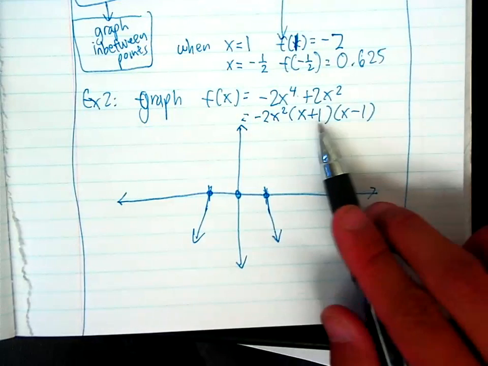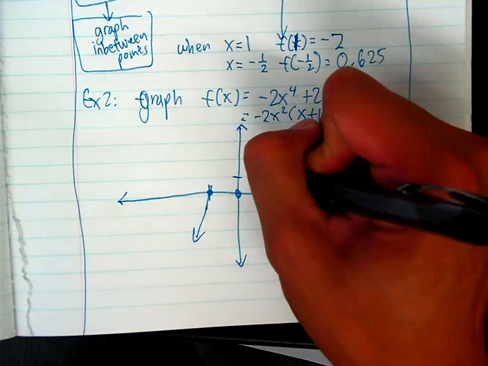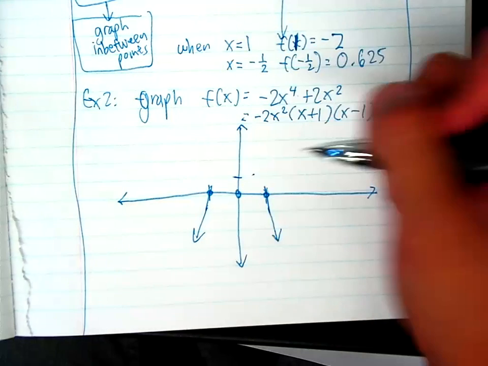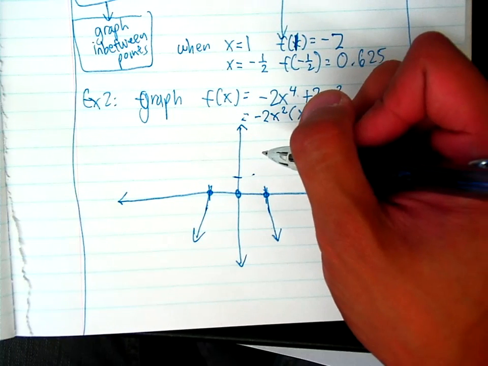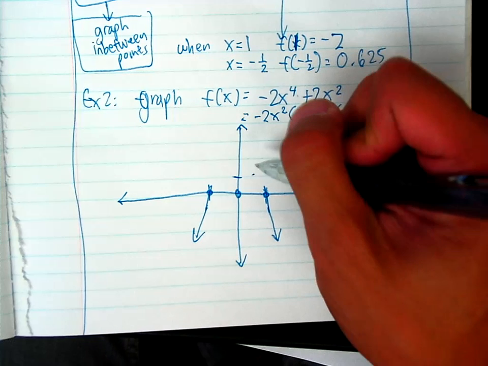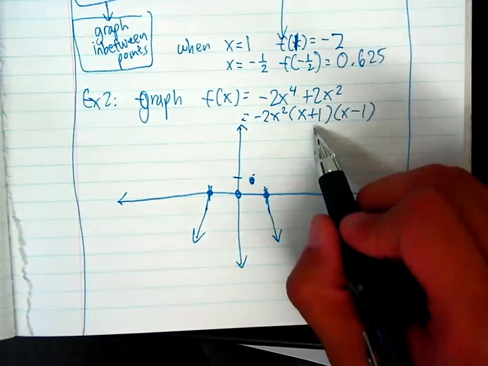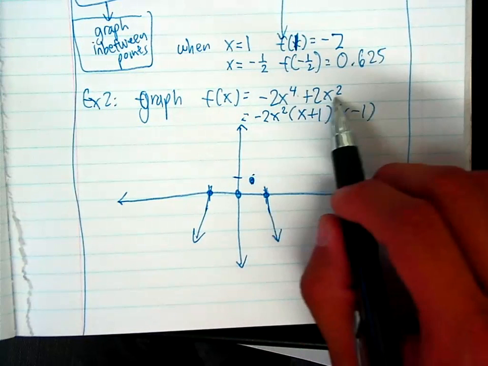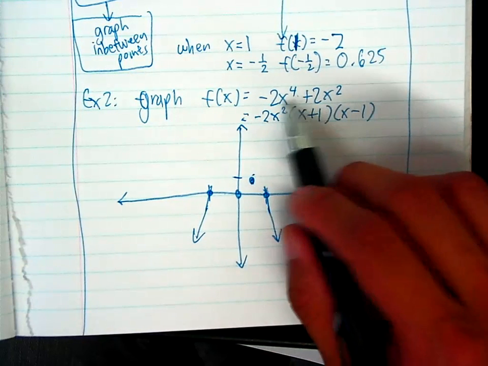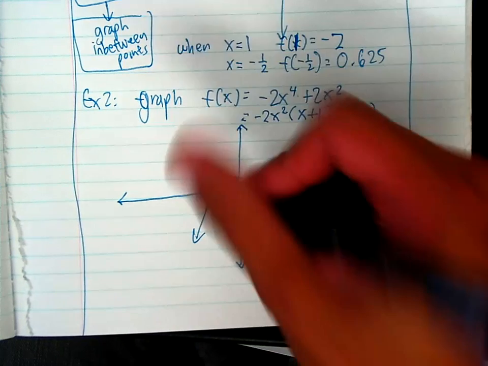So negative times positive and negative, this will be a positive value, so it'll be somewhere up here. And then if I graph negative 0.5, it will also give me a positive, so it'll be somewhere here.